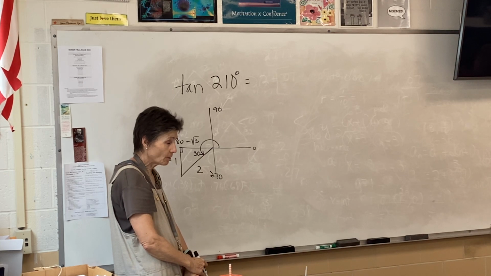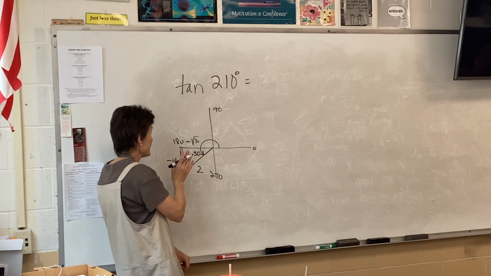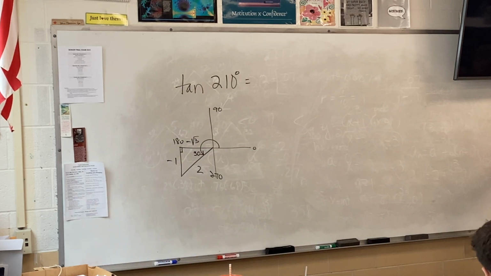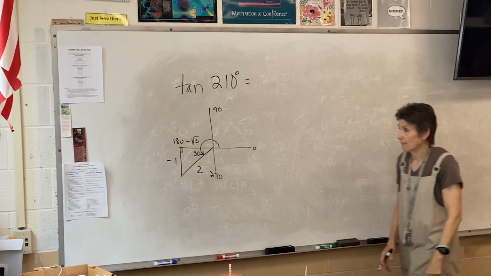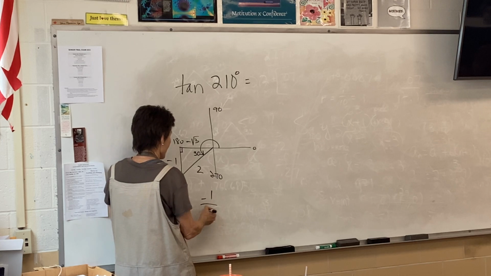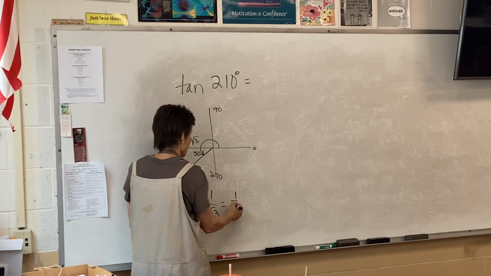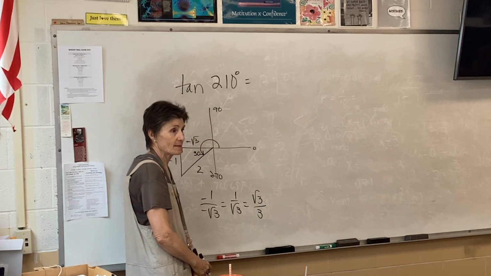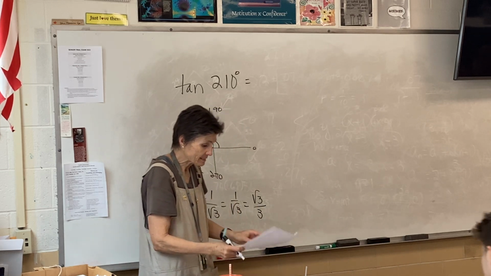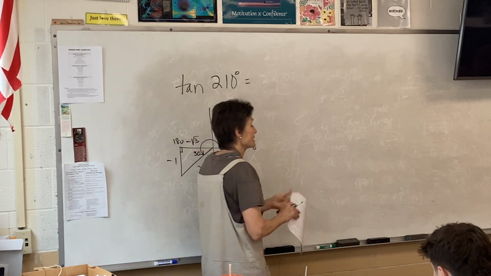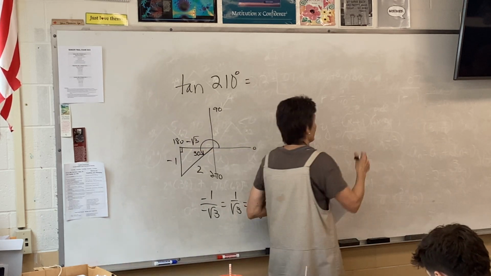Now, I need the tangent. It's written right here on the sheet. Tangent is opposite over adjacent. So that's going to be -1 over -√3, which is 1 over √3, √3 over 3 is the answer. Okay? Easy, easy, easy. I'm picking problems that are exactly like what's on your exam.